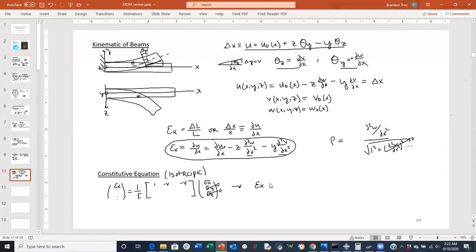Strain in the x direction is equal to 1 over Young's modulus times sigma x. Okay. Now, that essentially means the normal stress in the x direction is equivalent to Young's modulus times strain in the x direction. This is equivalent to, so we already have an equation for strain in the x direction.